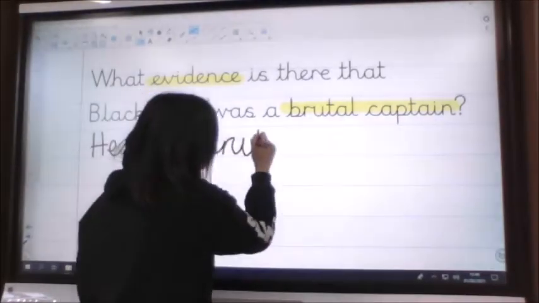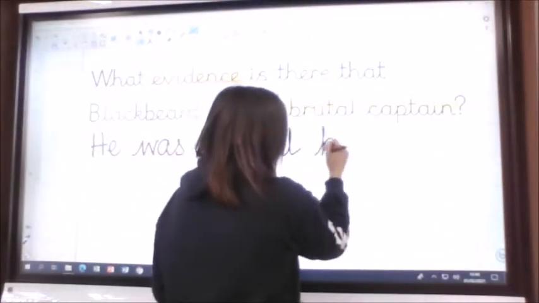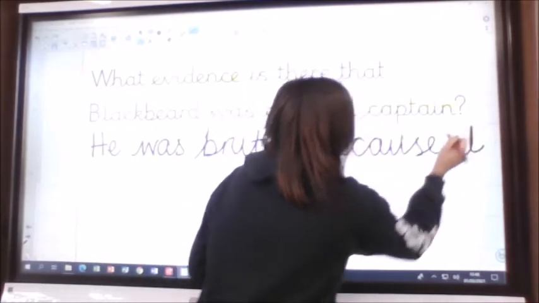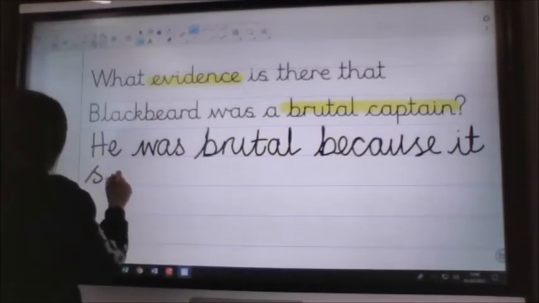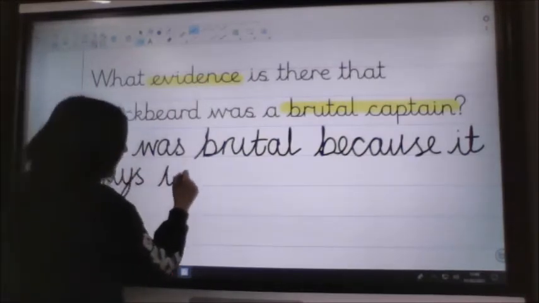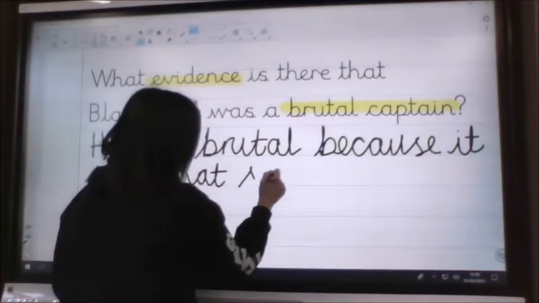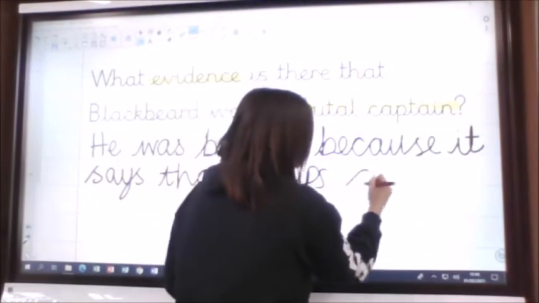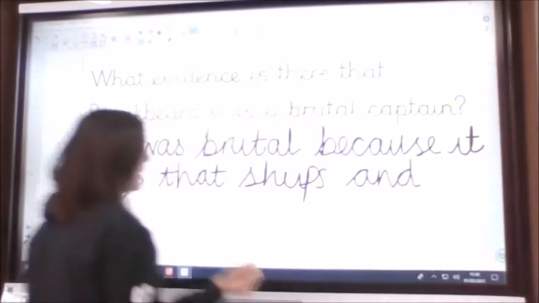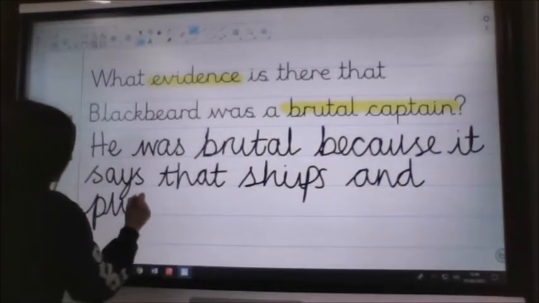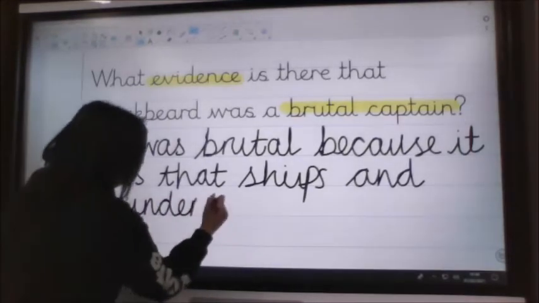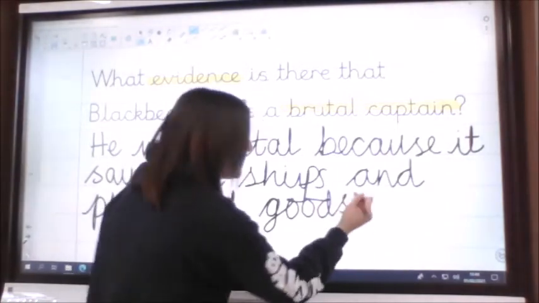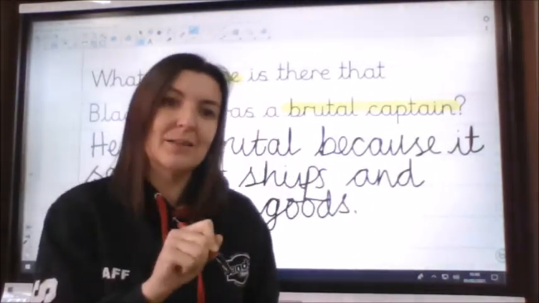And then I'm going to use because it says that he attacked ships and plundered goods. And I know that that's brutal because I know that plundered means to take violently.